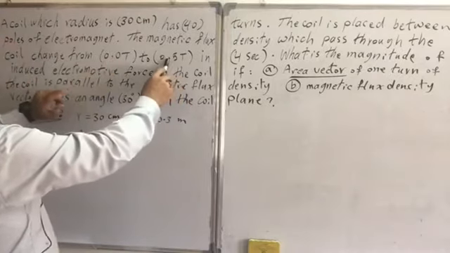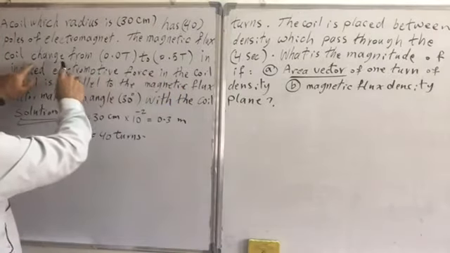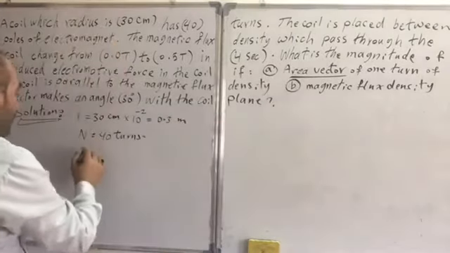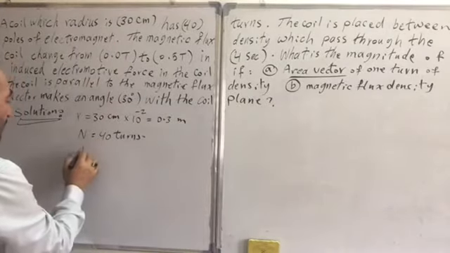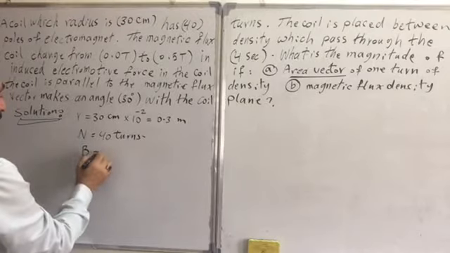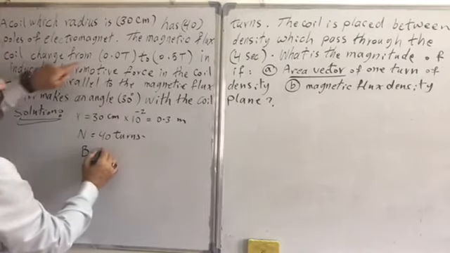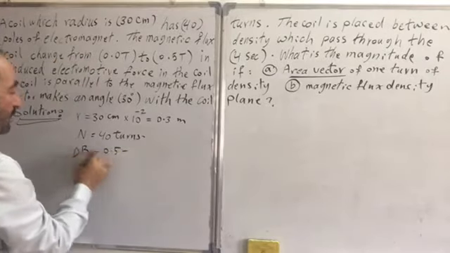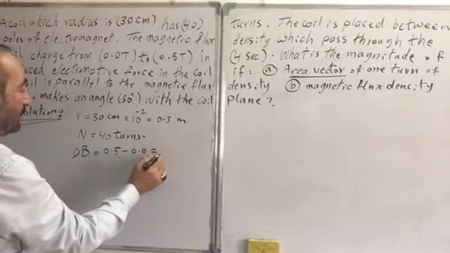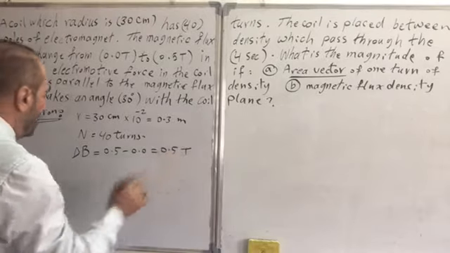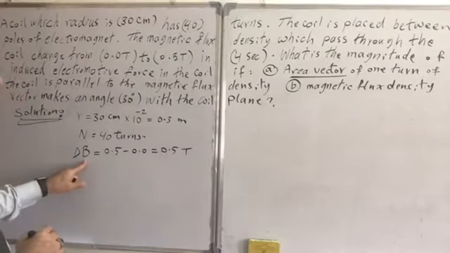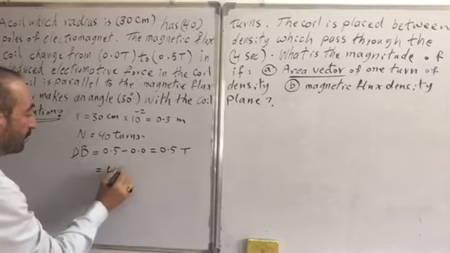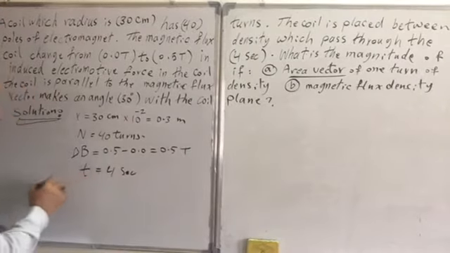Delta B equals 0.5 minus 0.0, equals 0.5 Tesla. 4 seconds represents T, time.